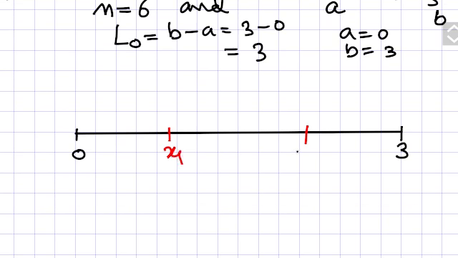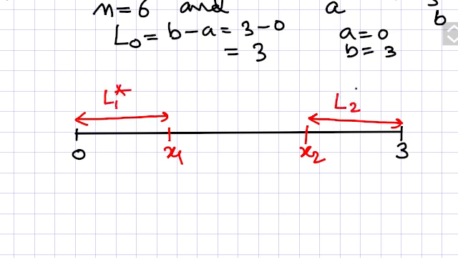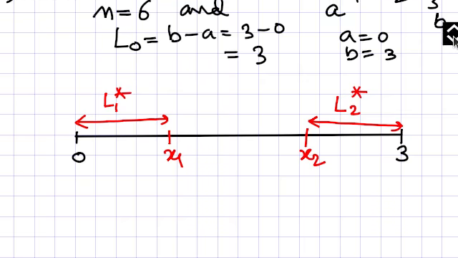This will be called x1 and this will be called x2, and this distance will be equal in these cases, at equal intervals, and the notation for this distance is L1 and this distance is L2, because these are points x1 and x2, and this asterisk is there.